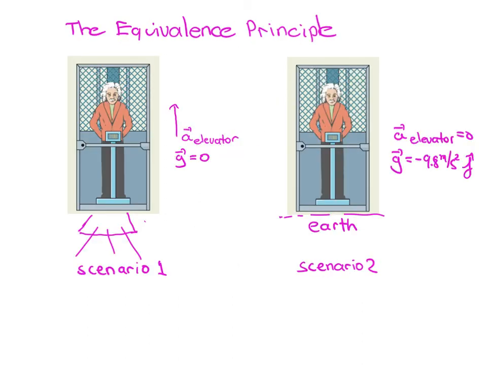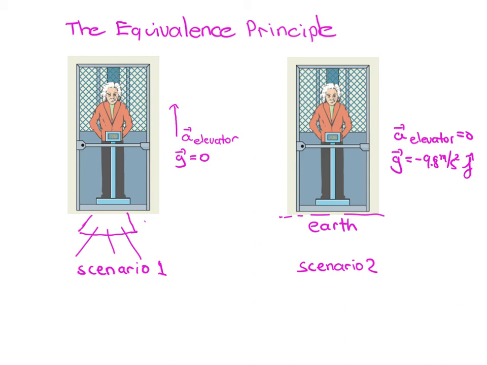So now we are in a position to discuss this very important principle, the equivalence principle. I want you to consider two different scenarios. Scenario one is that Al and his elevator are somewhere far from where there's any gravity, so g in this place is equal to zero. And the elevator maybe has a little rocket engine strapped to it.